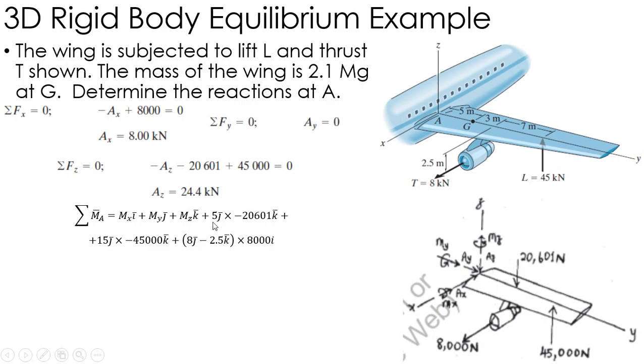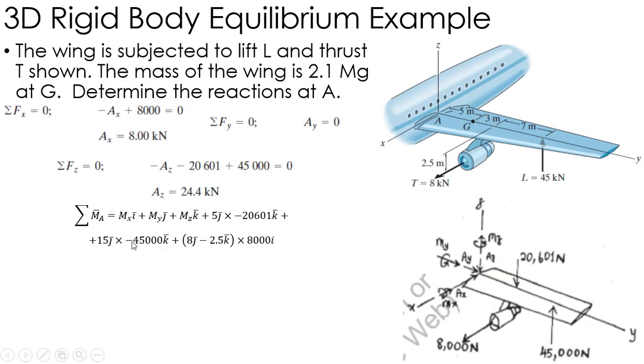So I have 5J times negative 20,601 newtons acting down. So I have 5J cross negative 20,601 K. Going over to the 45,000, that's 15 meters. So it's 15J cross a positive 45,000 newtons.